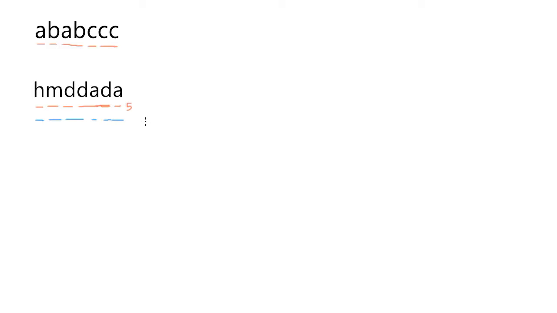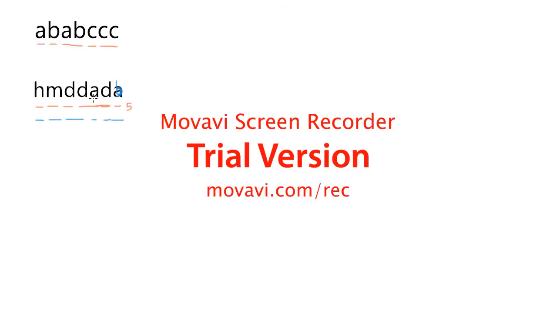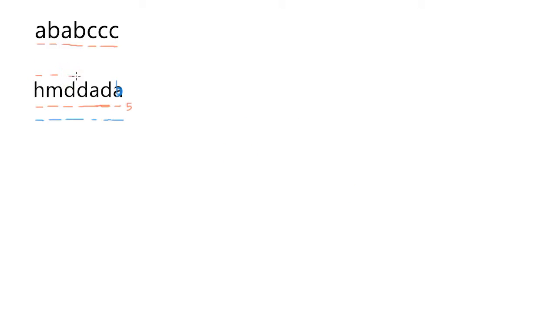What a fail. This also works. So let me try with the B here. Let's check how it would go with the B. So 1, 2, 3. I'm sorry, this was unexpected, but let me test. 1, 2, 3.